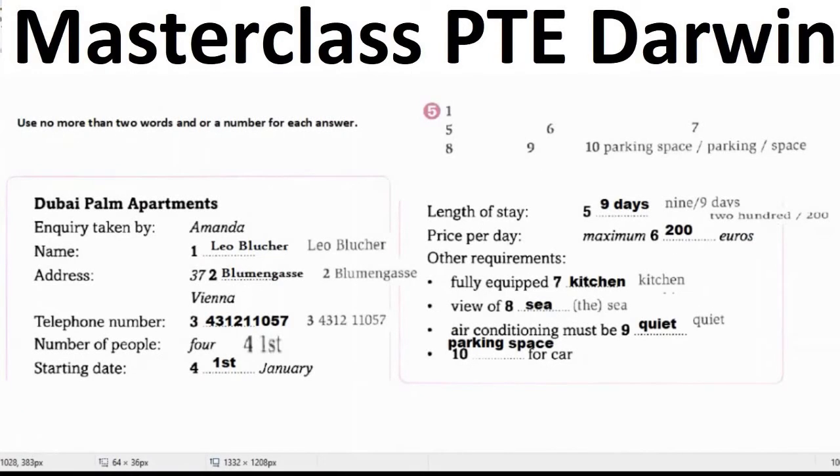And we need parking space, parking, or space for car. All are optional. You can use any one of them.